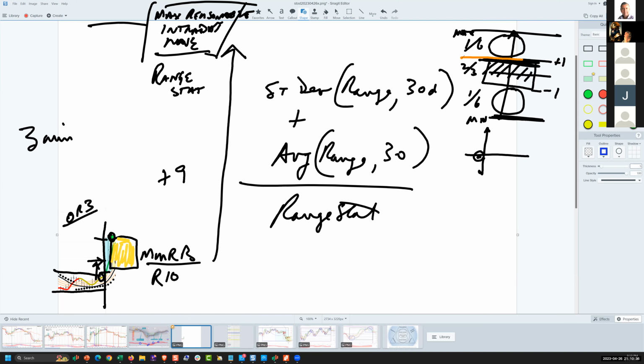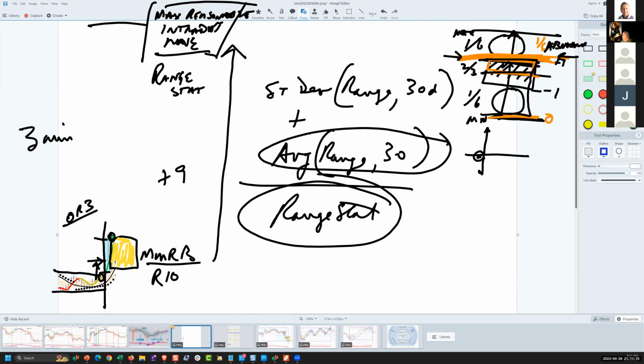I say, by definition, it's this: you take from the zero, if it didn't move at all, and you go out to the average +1 standard deviation. Only 1/6 of the time did it ever go farther than that, and I'm declaring, by definition, that is unreasonable. That's an abnormally large move, which means that the maximum move that we could still call normal is the average +1 standard deviation. So we call that the range stat.